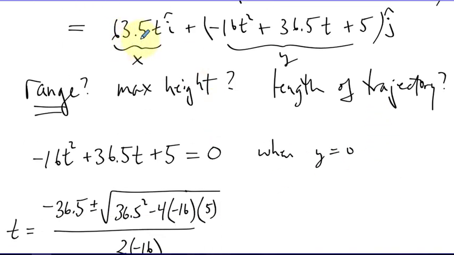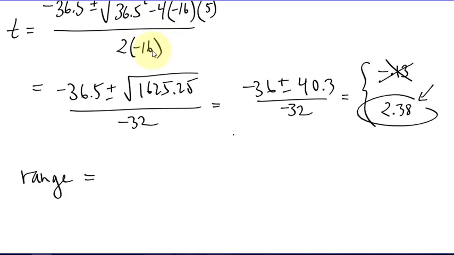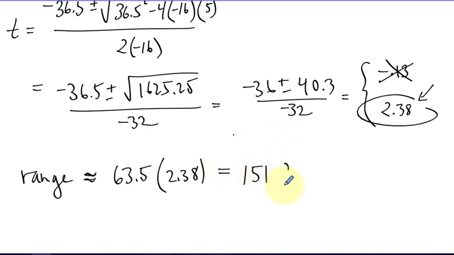So we're going to do 63.5 times the time. And this is an approximation. You might be slightly different in your answer because we could round off each of these values slightly differently. So about 151 feet range.